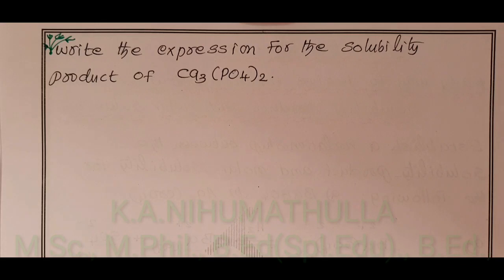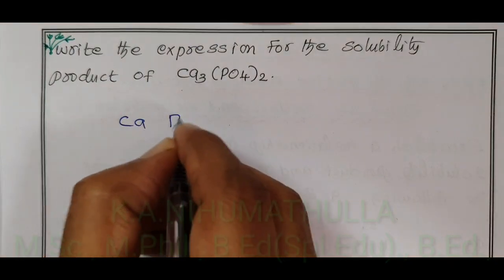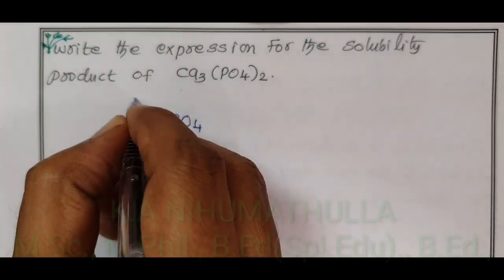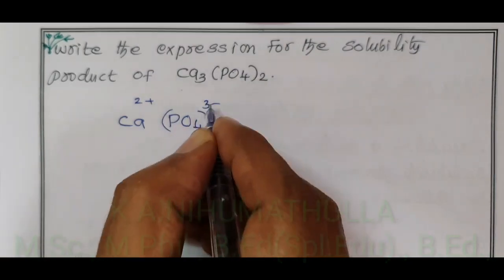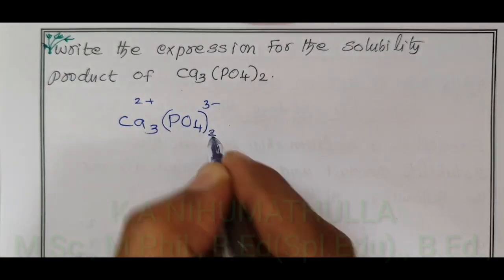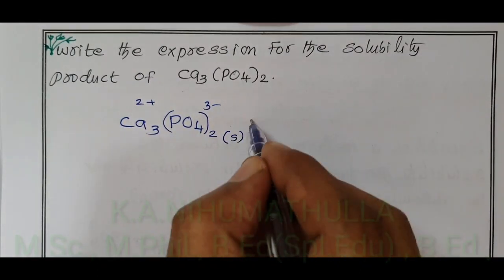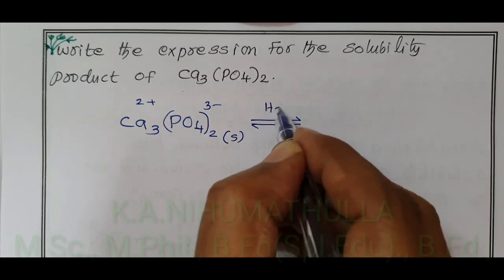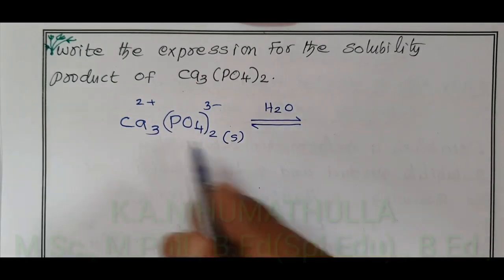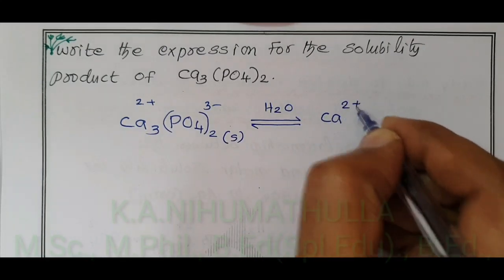Now I write the equation for calcium phosphate, Ca3(PO4)2. Calcium is a 2 plus ion, and phosphate is a 3 minus ion. That 3 is here, and this 2 is there. It is a solid, which undergoes ionization when treated with H2O. Calcium phosphate gives calcium 2 plus ion.